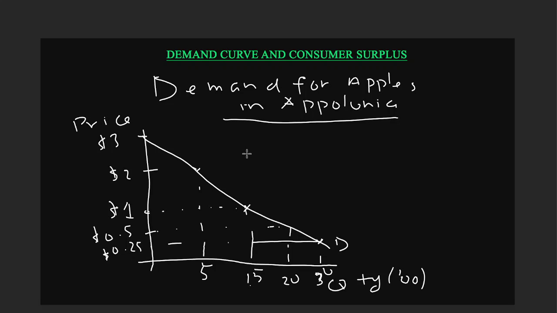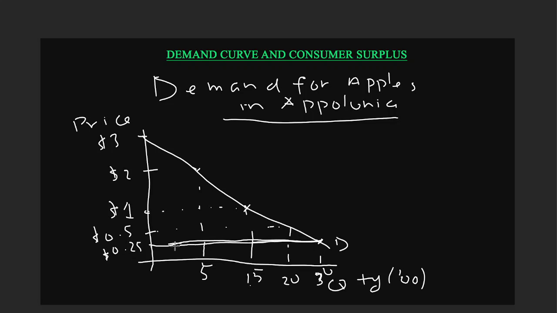So how do we calculate the consumer surplus from this demand curve? The consumer surplus basically is the difference between how much you value a good and the price you pay for it. So in this market for apples in a town, let's say the unit price of an apple is a quarter, 25 cents.